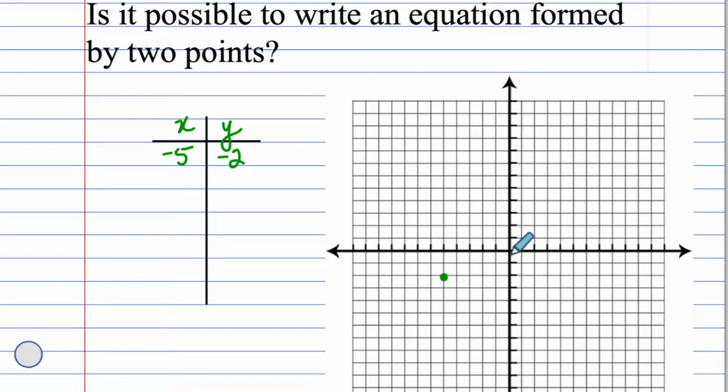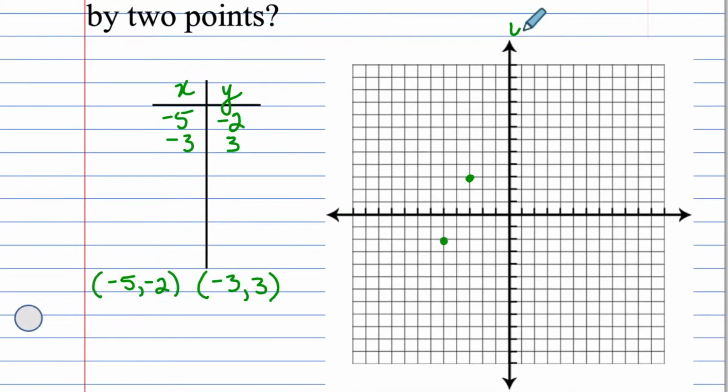And the second one we'll go with (-3, 3), right there. We have a -3 and a 3. Now remember, we can rewrite those points with brackets as an ordered pair. This was our y, this is our x.